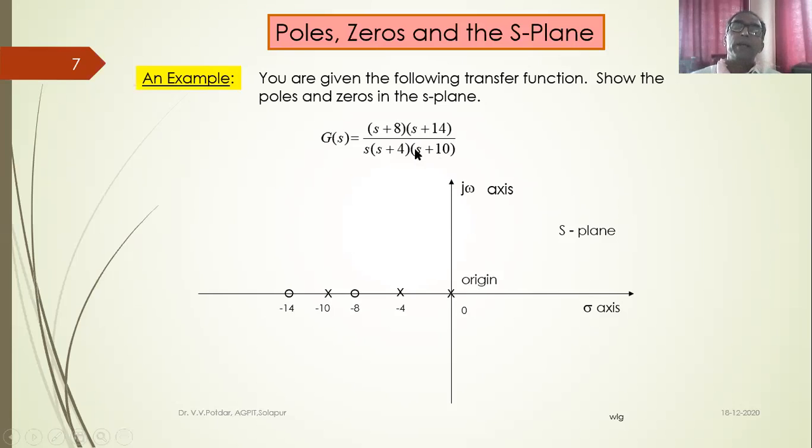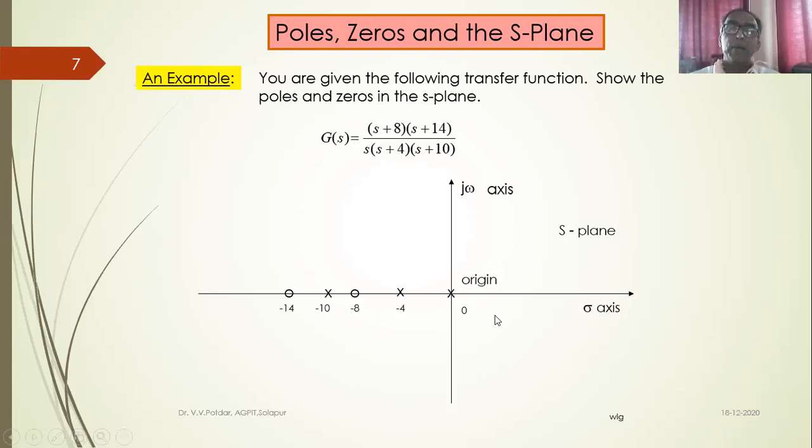If the roots of the transfer function lie on the left half of the S plane, the left half of the imaginary axis, this entire part, the system is stable.